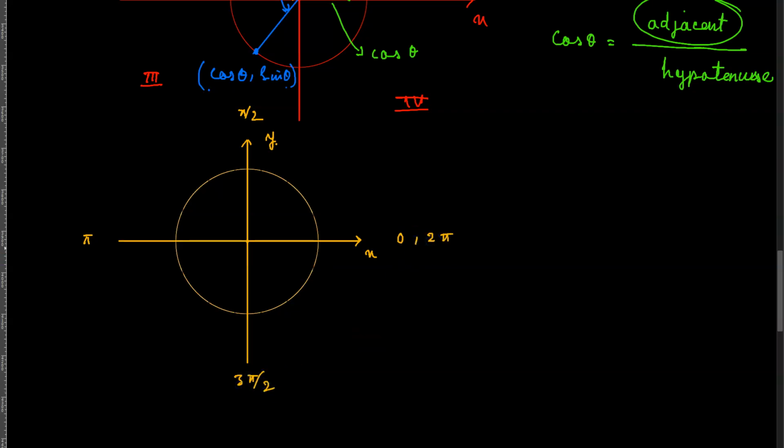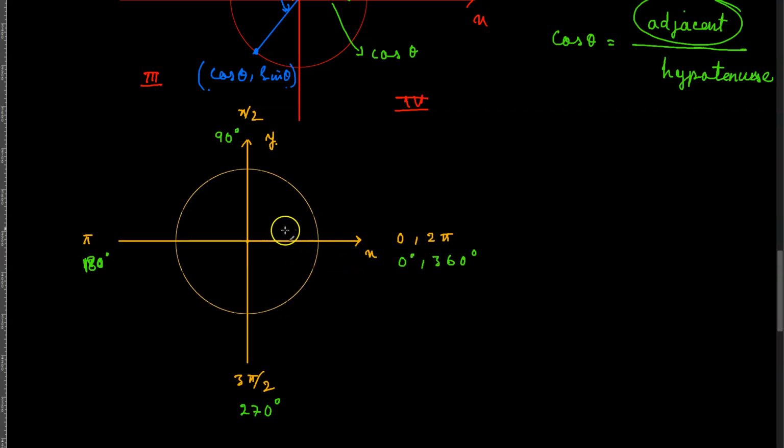And if you want to do them in degrees, that would be 0 and 90 degrees and 180 degrees and 270 degrees, and you have 360 degrees, right? Now, what happens is that this is 180 degrees.